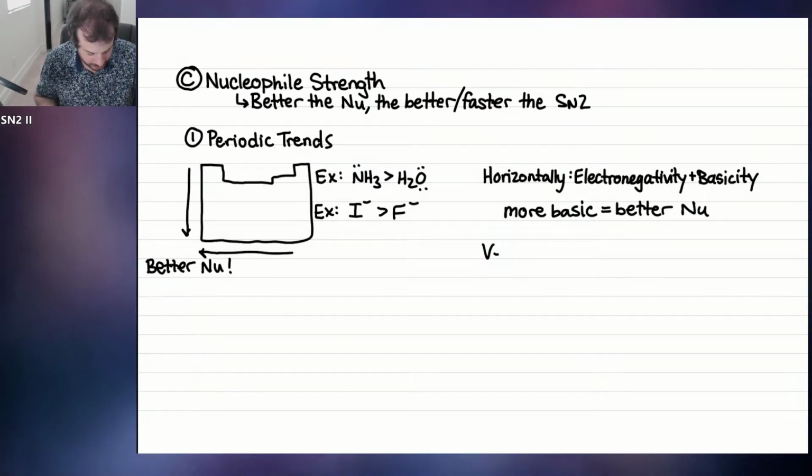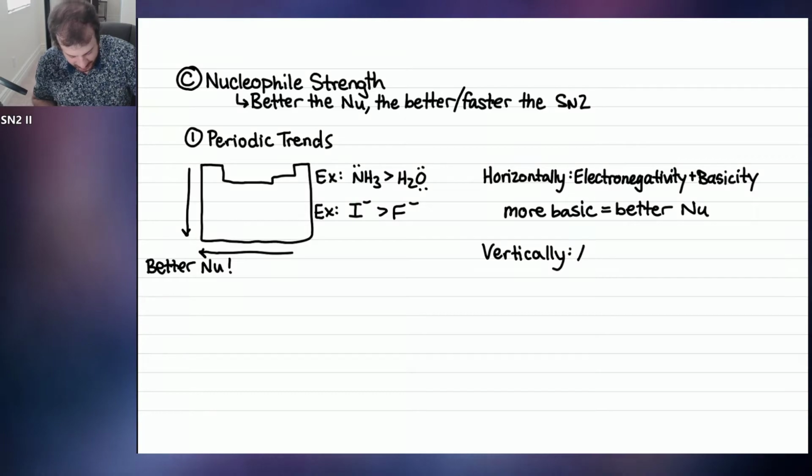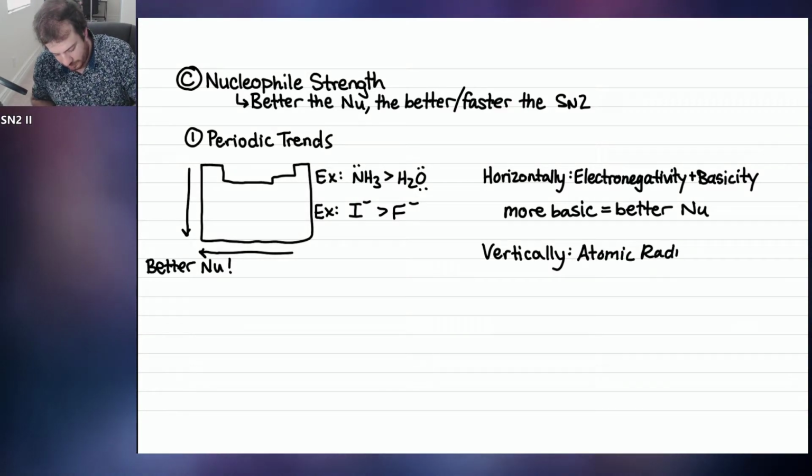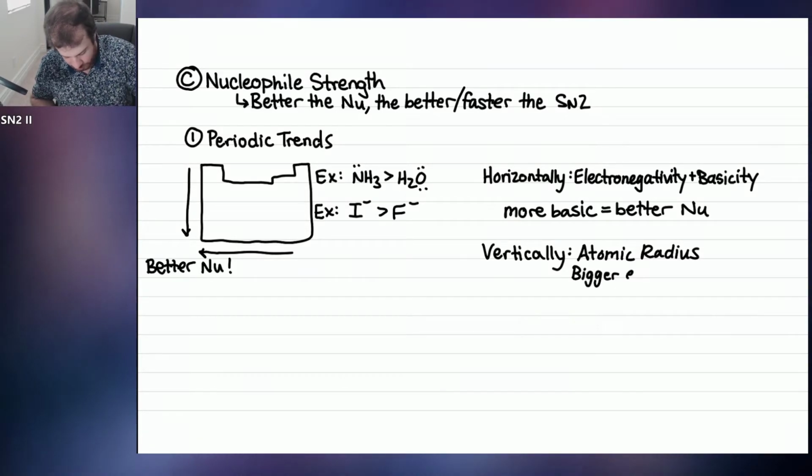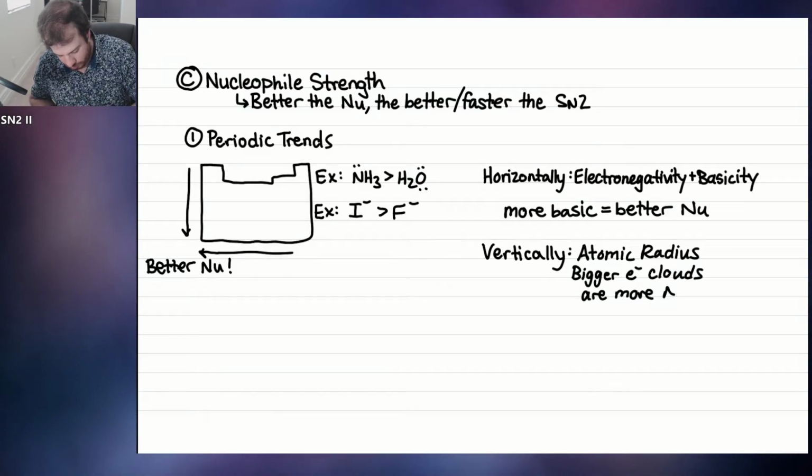And vertically, it has to do with atomic radius. The way I remember this is that bigger electron clouds are more nucleophilic. So that's kind of reason number one.